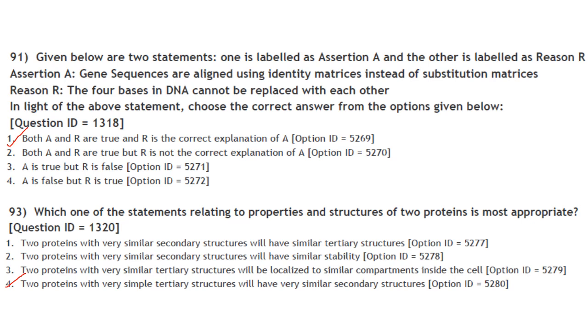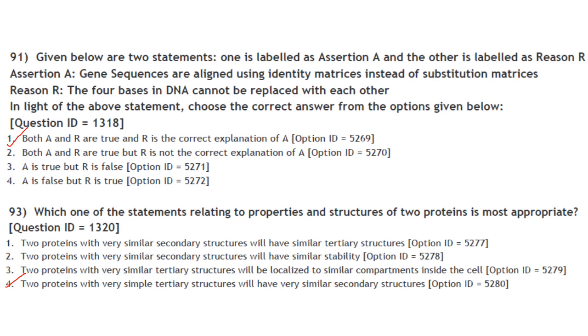Okay, next question. Given below are two statements. One is labeled as assertion A and the other is labeled as reason R. Assertion A: Gene sequences are aligned using identity matrices instead of substitution matrices. Reason R: The 4 bases in DNA cannot be replaced with each other. So there are two types of matrices, that is identity and substitution matrix. Identity matrix only assigns points to residues that are identical, whereas substitution may assign points to residues that are different yet alike in conservative properties.